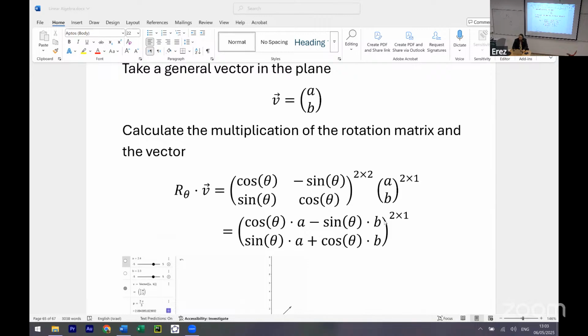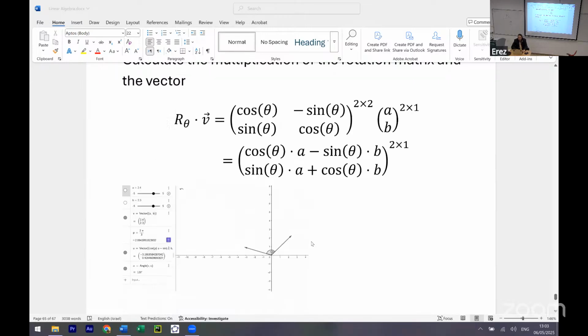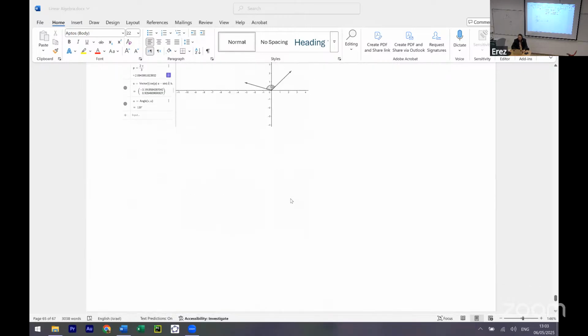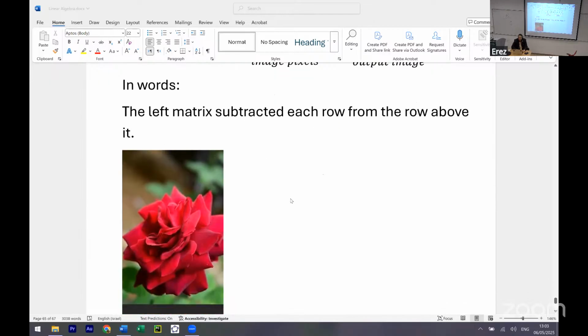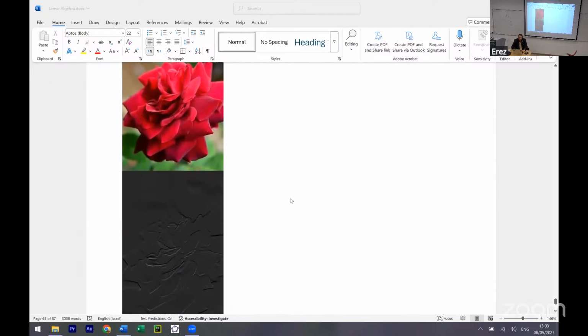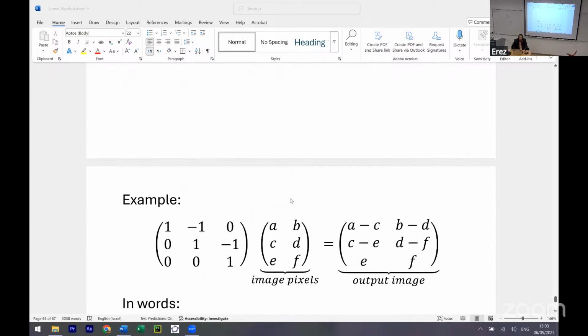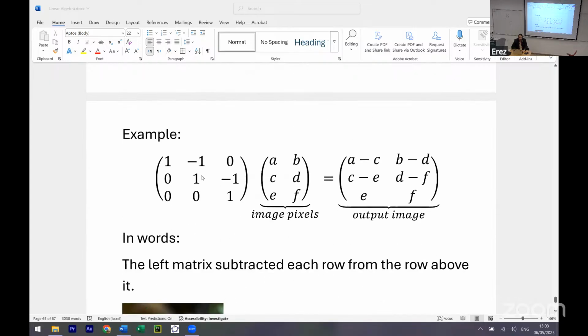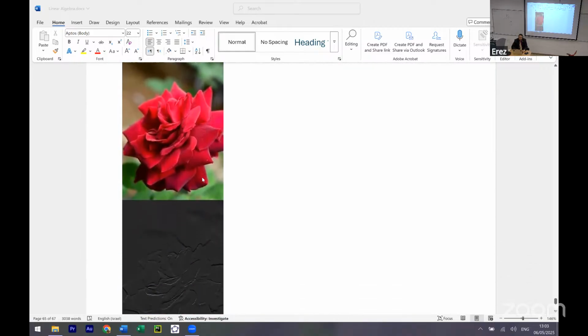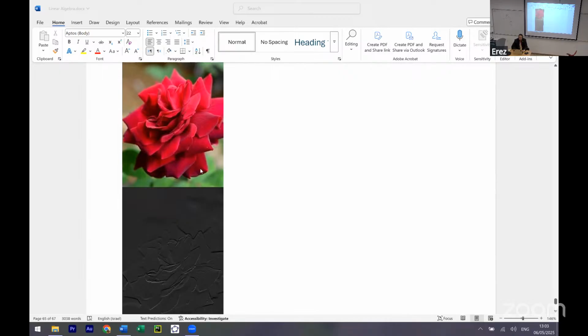I gave you the example of a rotation matrix, which rotates vectors. I also showed you a matrix that subtracts each row from the row above it, and how it looks when you apply it to an image.